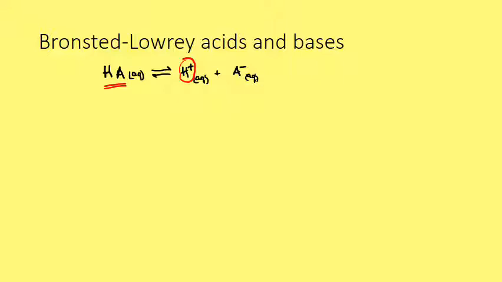Now in an opposite fashion, we can look at Bronsted-Lowry bases, and they do the opposite. They are proton acceptors. So looking again at a generic equation, let's say we have a base, and that's going to be in water. And that is also in equilibrium, but the base has accepted the hydrogen ion from the dissociated water molecule, and when that water molecule gives up its hydrogen ion, what's left is a hydroxide ion.